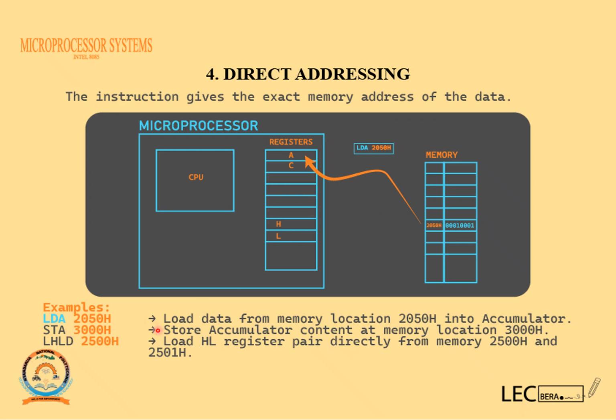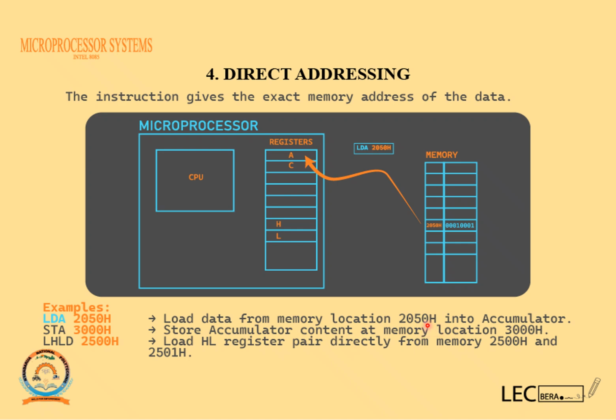We have other examples. This one is the first example illustrated here: load data from memory location 2050H into the accumulator. Maybe you are wondering why the memory locations look like this. Remember, all memory locations are given in hexadecimal numbers.